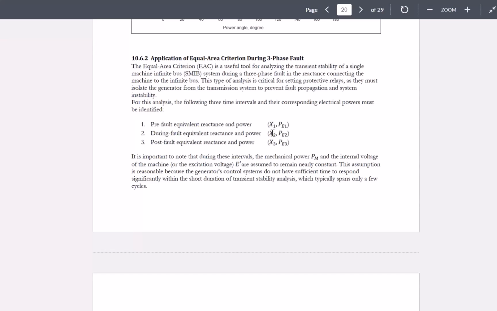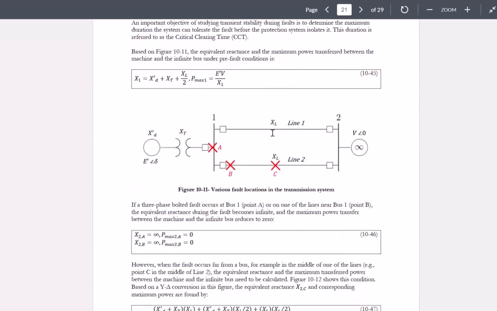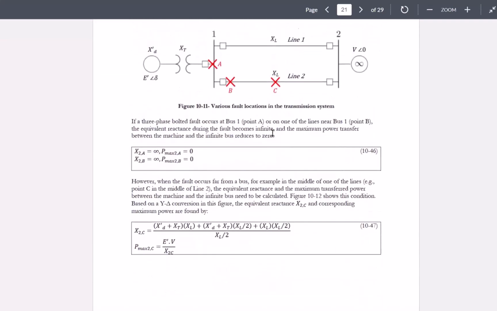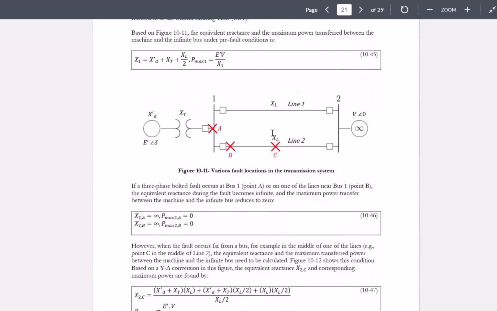So in general, that X2 would be much, much bigger than X1. Under the extreme case, X2 becomes infinite. If the equivalent impedance existing between your system and the infinite bus is infinite, then you cannot transfer any power from your generator to the infinite bus.